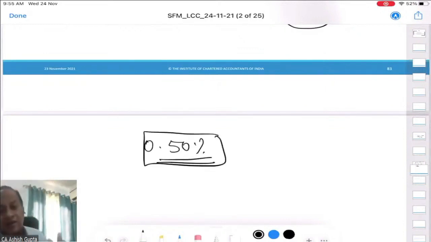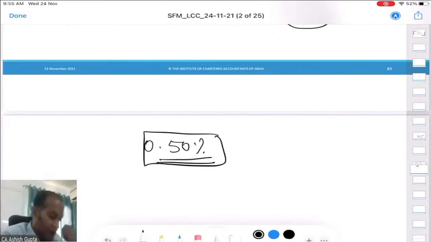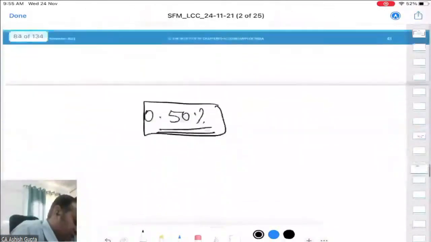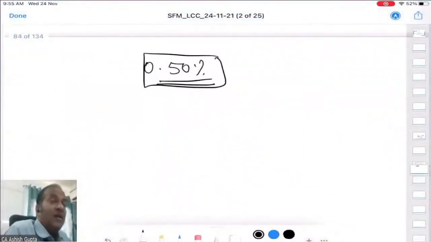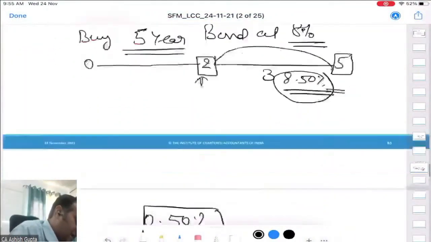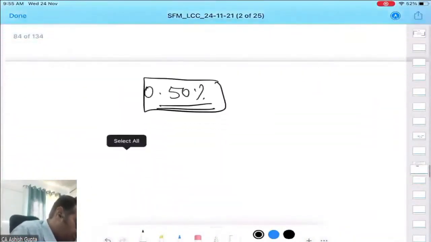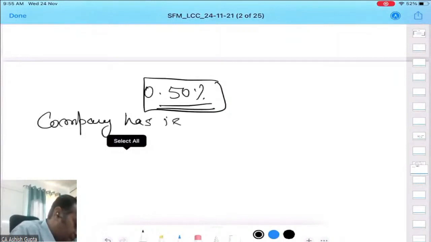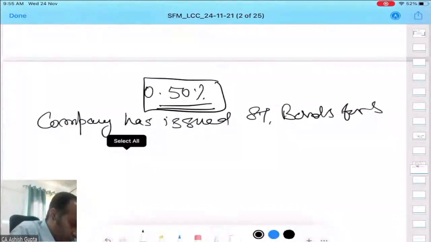Now I take this from the angle of the borrower. That's why the question of bond refunding comes. Suppose a company has issued 8% bonds for 5 years.